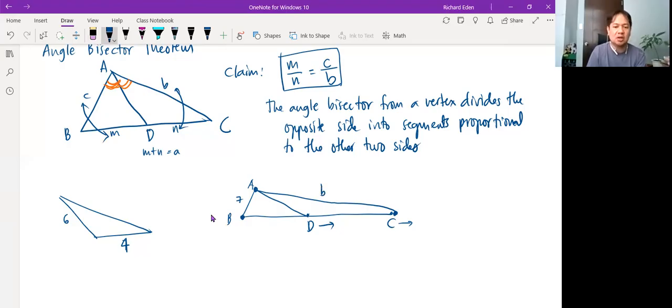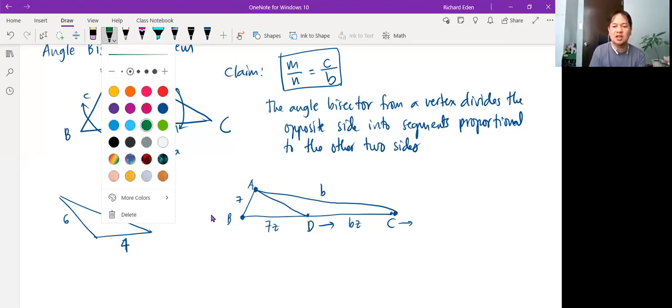That's going to be changing. BC is going to be changing, but so is BD. So let's call this 7Z, and this is BZ. Nothing is really contradicted.